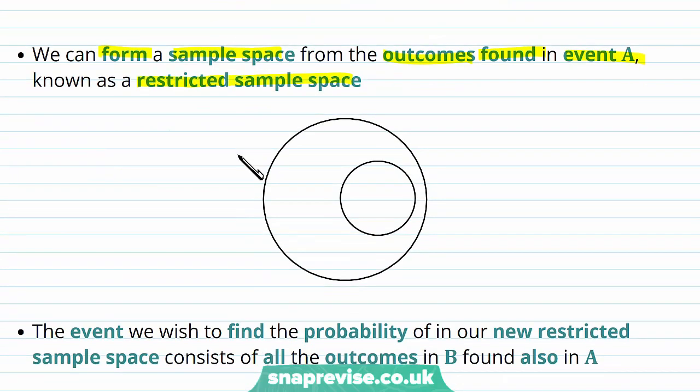We have the event A as the big circle, and we're going to consider the whole of event A as our restricted sample space.